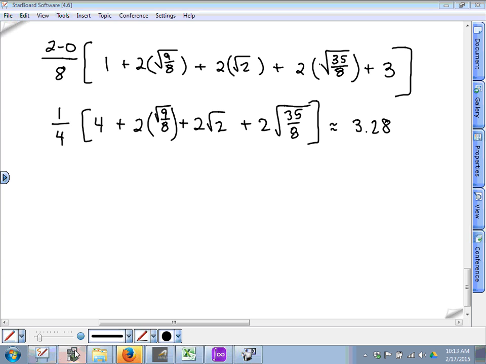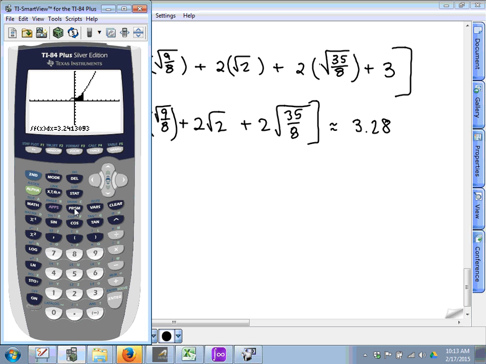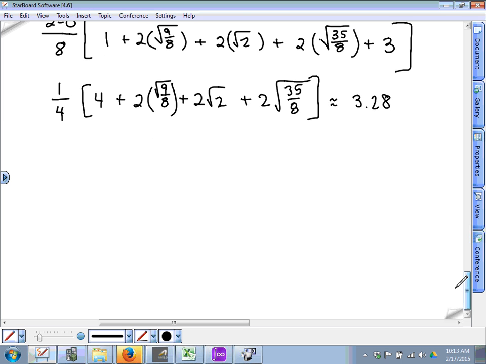So you've hopefully noticed on your calculator there's a little thing that says PRGM, which stands for program. You can download programs off TI's website. One of those is the Trapezoidal Rule. It'll allow you to type in the function and the number of trapezoids, and it'll do it for you.